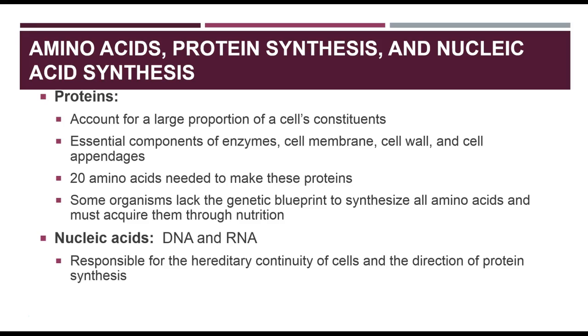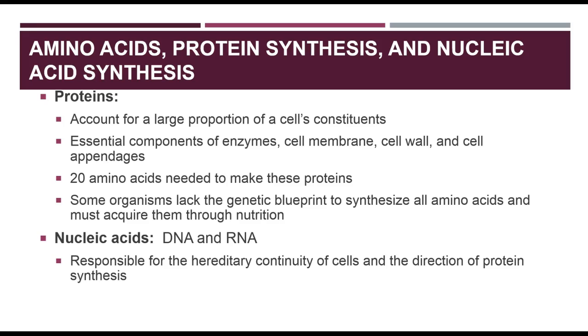There are 20 amino acids that are needed in order to make these proteins. Some organisms lack the genetic blueprint to synthesize all 20 amino acids. So some organisms have to acquire these essential amino acids through their nutrition. They're not able to make them themselves, but they must find them in the environment.